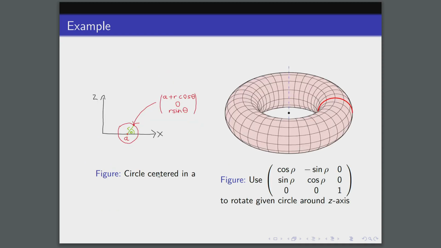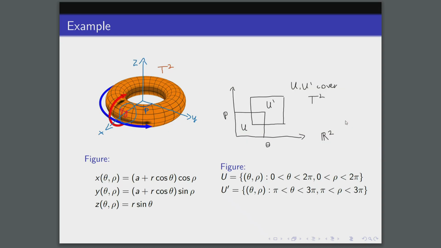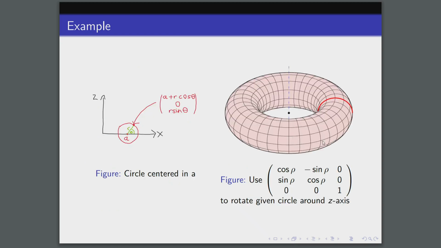Basically I have a circle which is centered in A in the XZ plane, and then I rotate it with this matrix around the Z-axis with 2 pi. And then I come up with the torus. The charts which give us the atlas that covers and describes the torus fully can, for instance, be given by these two open subsets of R2.